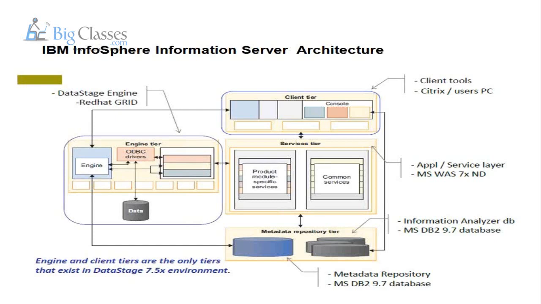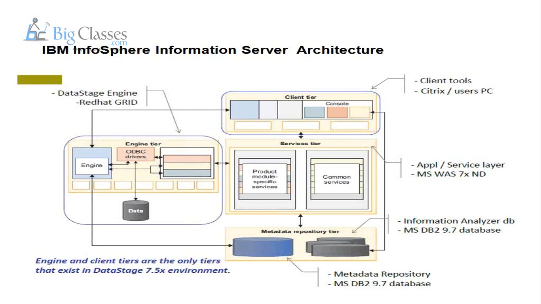Because when we install the DataStage software, we'll have a client tier, a services tier, a metadata repository tier, and an engine tier. Those are the four main tiers available.